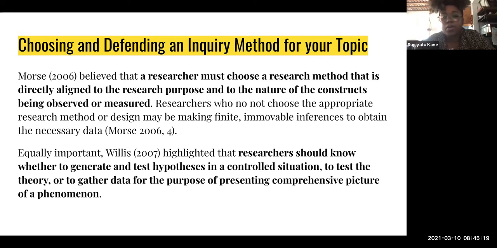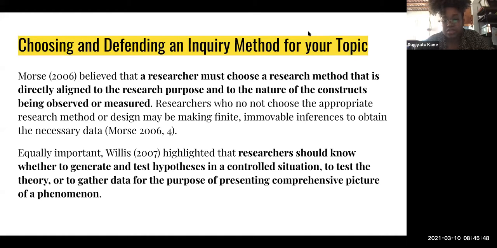But for now, we're going to move into section 2 and getting you really into the nitty gritty of research. Just as context, and really important for you all to note, a researcher, when conducting research, must choose a method that is aligned to the purpose of their research and to the nature of the constructs that are being observed or measured.